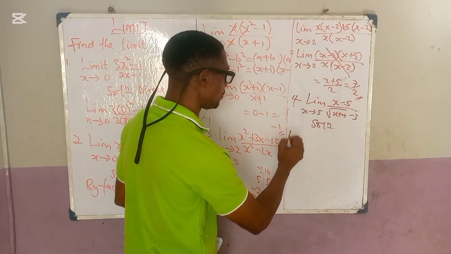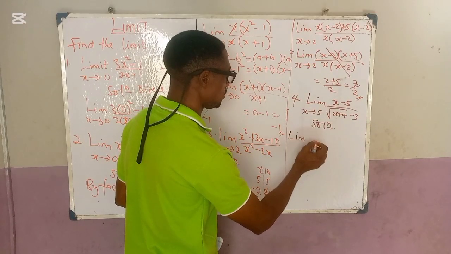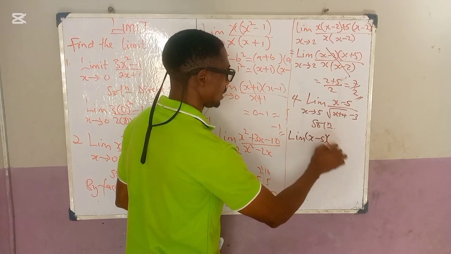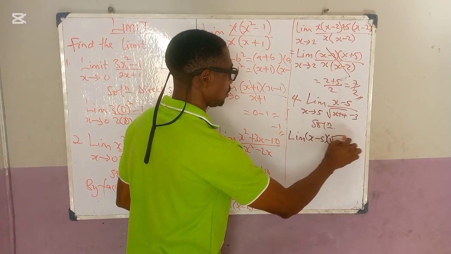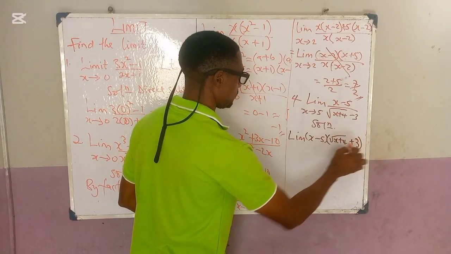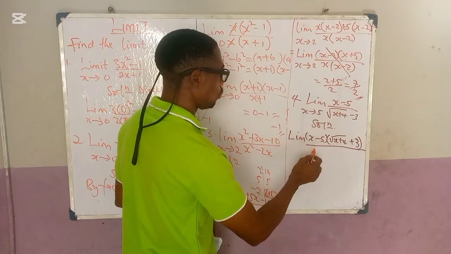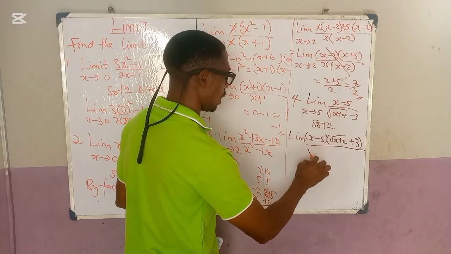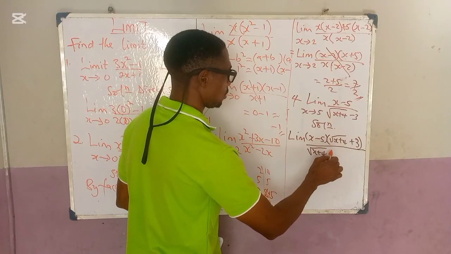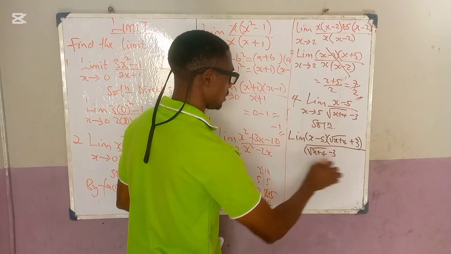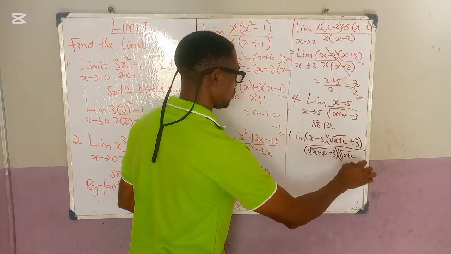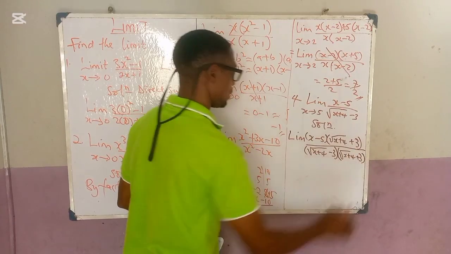So I'm going to have limit x minus 5 times the conjugate, root x plus 4 plus 3, over root x plus 4 minus 3 times the conjugate, root x plus 4 plus 3.